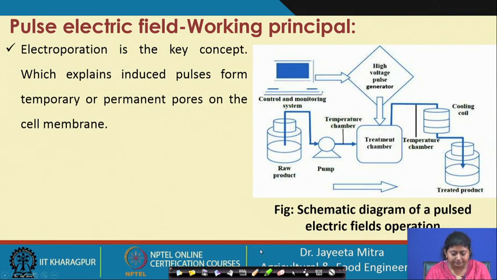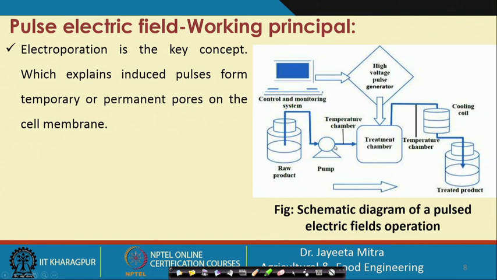So, basically if we see the schematic diagram of a pulse electric field operation, we have a raw product tank, generally because we have observed this technology, pulse electric field, on the liquid food products mostly. So, we are showing a case where the raw liquid product is in a tank, and through a pump it is going to the treatment chamber.